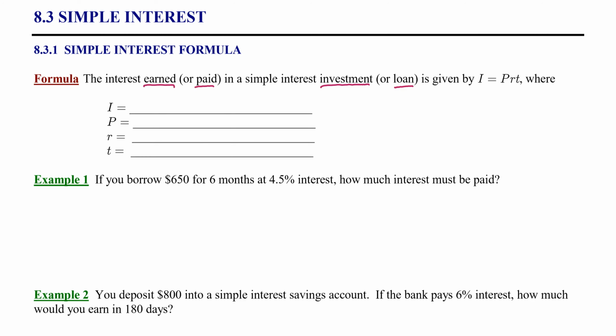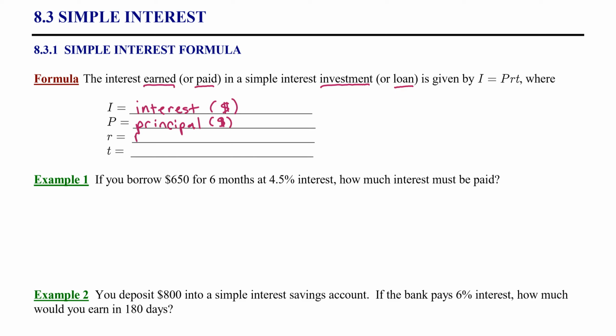And that formula is I equals PRT, where I is the amount of interest either earned or paid, and that's going to be measured in dollars, like a fee. P is the principal, P-A-L, principal. That is an amount in dollars, and that is your initial deposit into that savings account, or it's the amount of money that you borrow in terms of a loan.